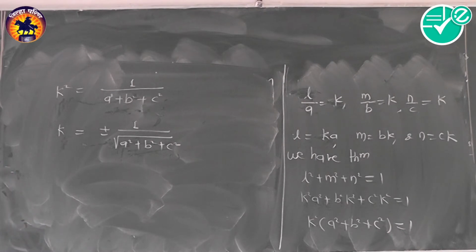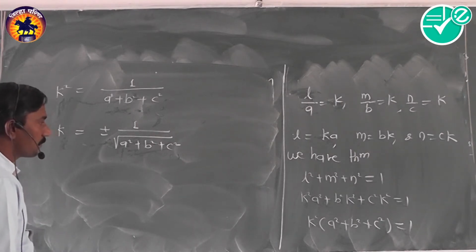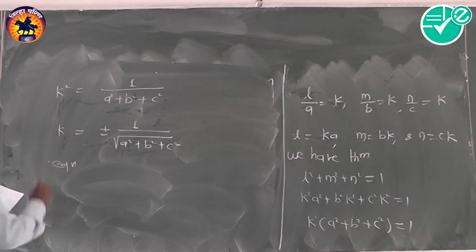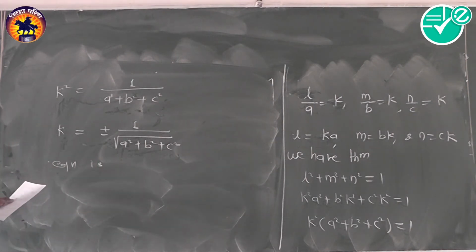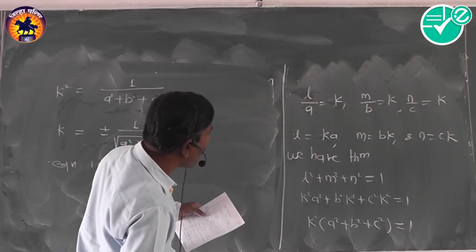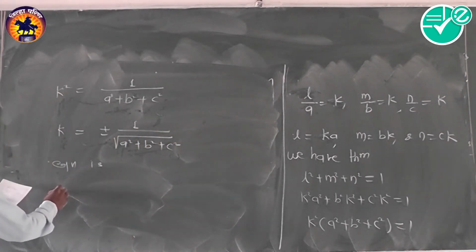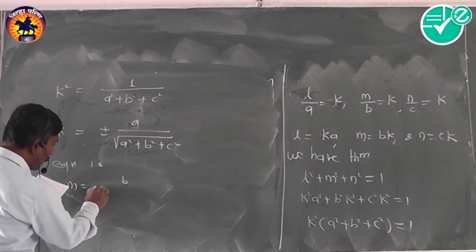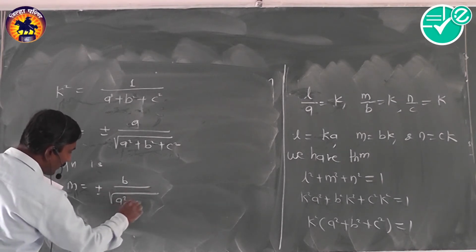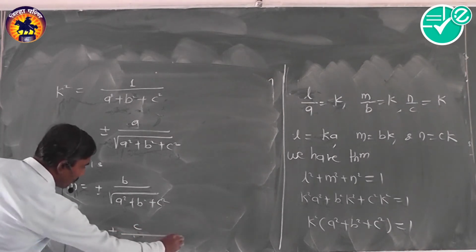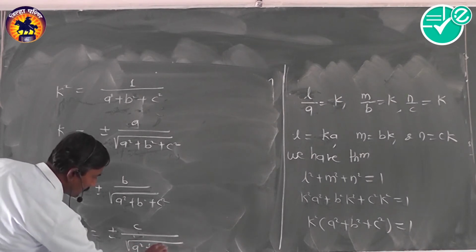Similarly, m is equal to plus or minus b under root a square plus b square plus c square, and n is equal to plus or minus c under root a square plus b square plus c square.